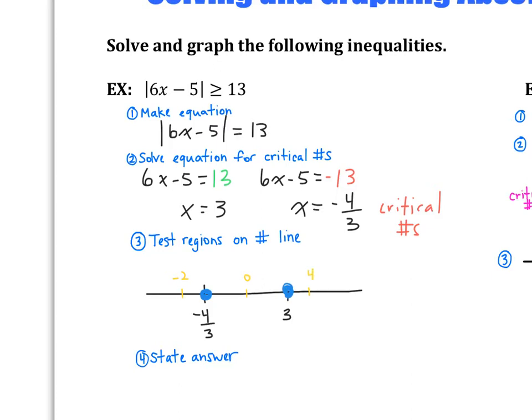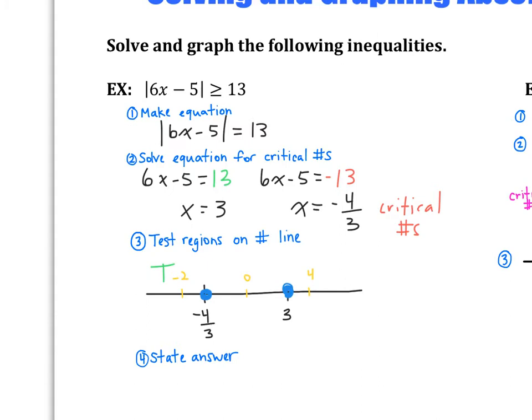Hopefully we will see which regions are true or false. When we plug negative 2 back into the original inequality, 6 times negative 2 is negative 12. Minus 5 is negative 17. Taking the absolute value, we get positive 17, which is in fact greater than 13. So I'm going to mark true for this region.